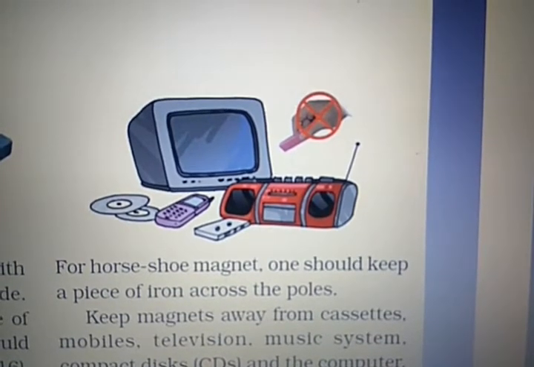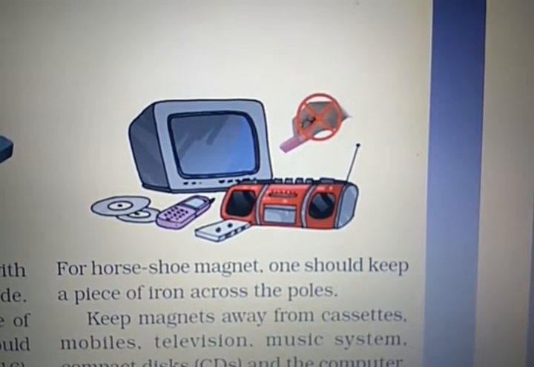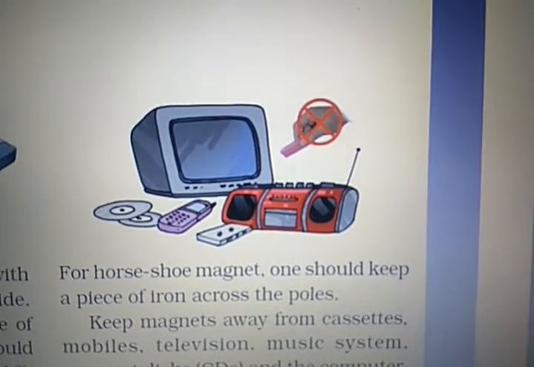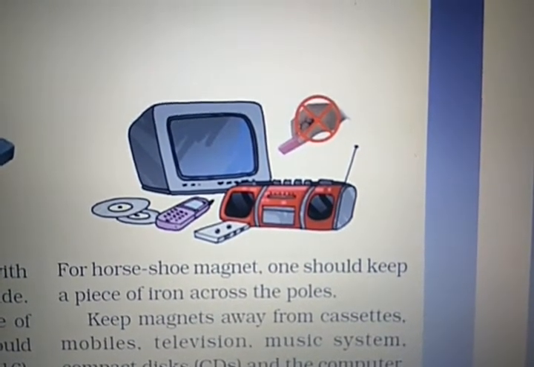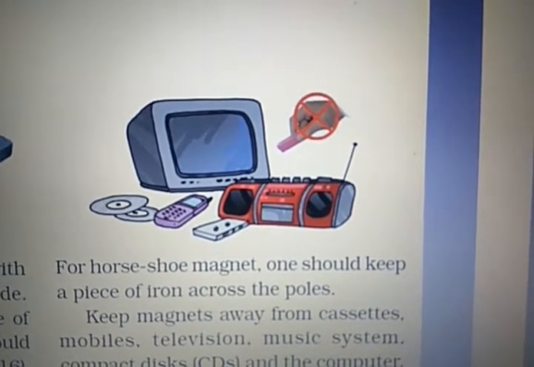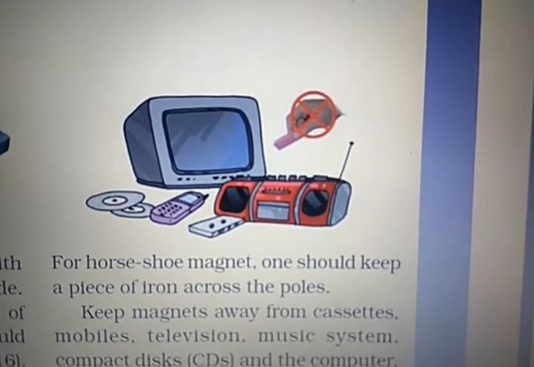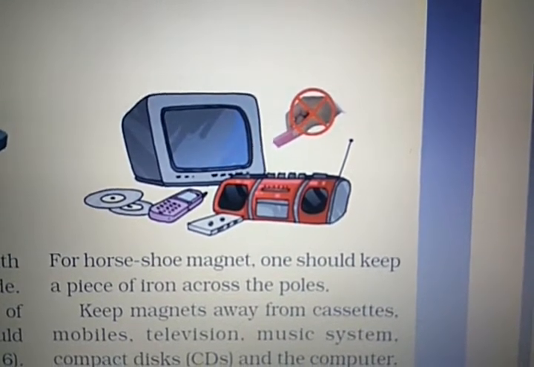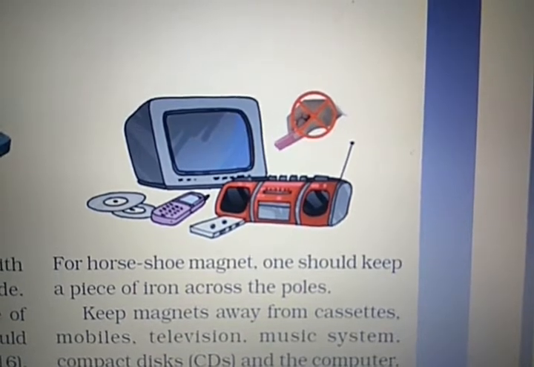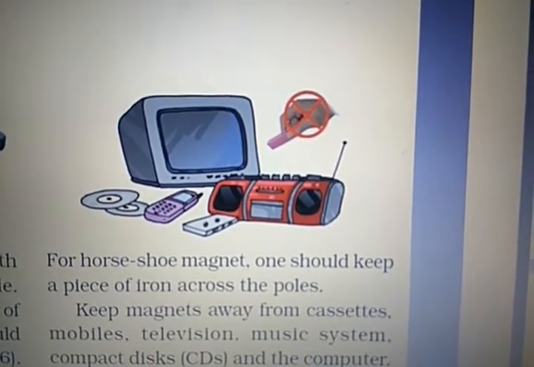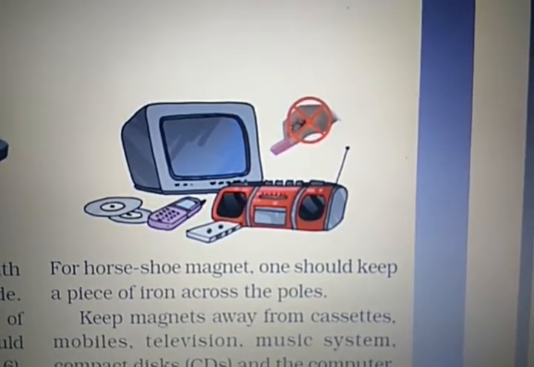It is also used in MRI, magnetic resonance imaging, right? If a person has an injury in the head or an injury in a part inside the body, and you do not find a proper diagnosis, at that time MRI is the best option.